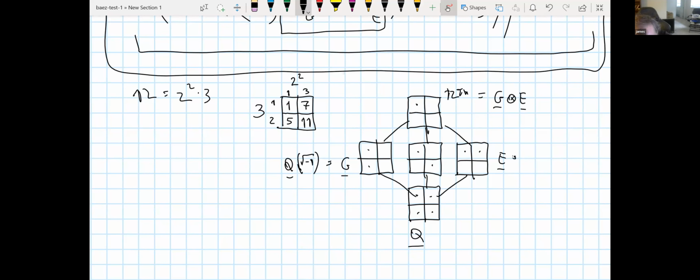And the Eisenstein thing is Q adjoin 1 to the 1/3, but you can also just think of it as Q adjoin the square root of -3. So does that suggest what the one in the middle is? Yeah, okay. That way of describing it makes me want to stick in Q adjoin square root of 3. That's what the middle guy is. Yeah, that is Q adjoin the square root of 3.